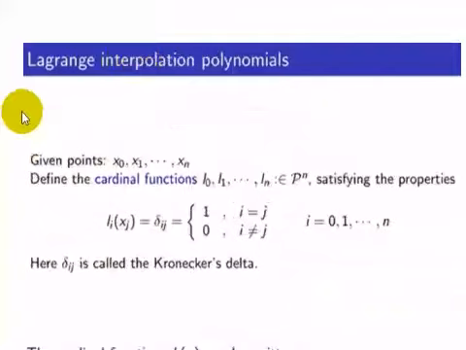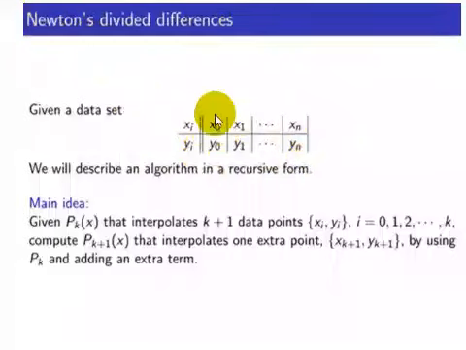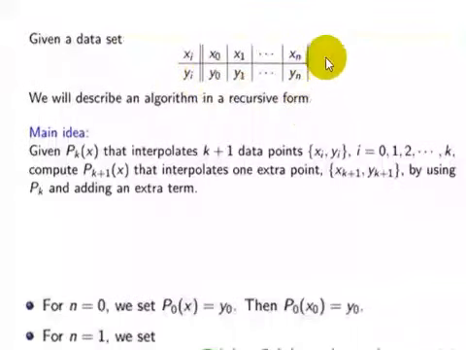So in order to avoid that negative point, today we discuss Newton's divided difference. So this is your data set. Once you have the Newton's interpolation polynomial, you can include data points after that.